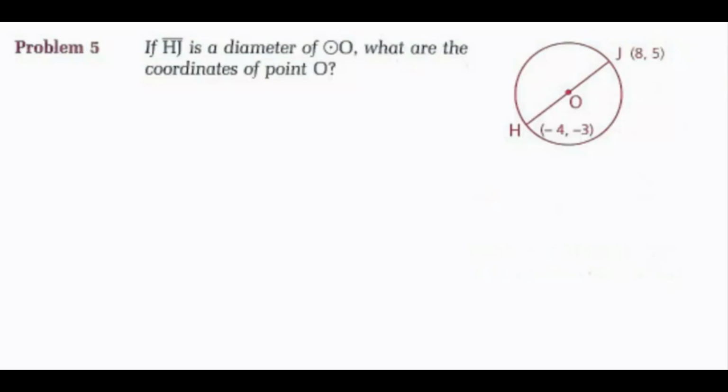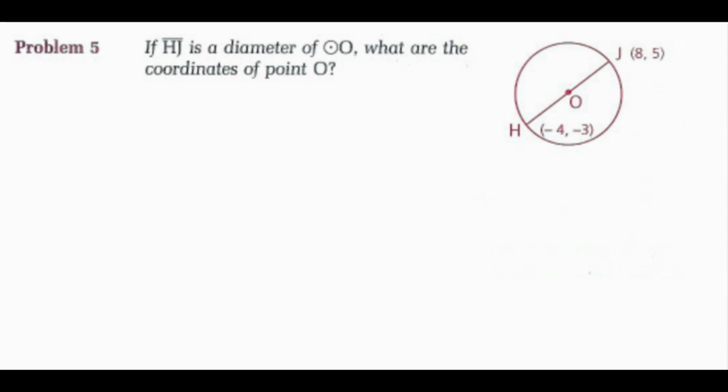Next, looking at problem 5, if HJ is the diameter of circle O, what are the coordinates of point O? Now, since HJ is the diameter of circle O, that would mean point O is the center of the circle, making H and J both equidistant from O, or the middle point.